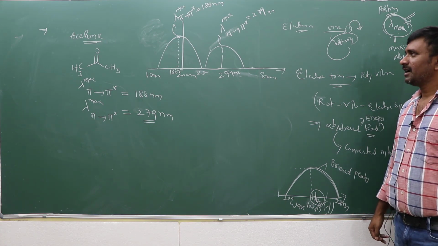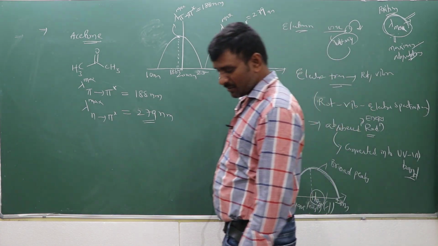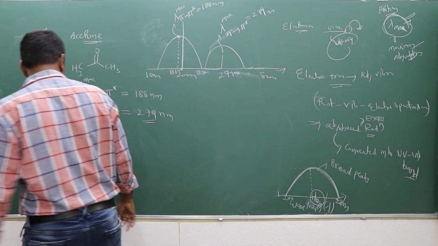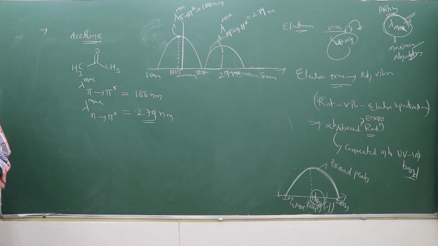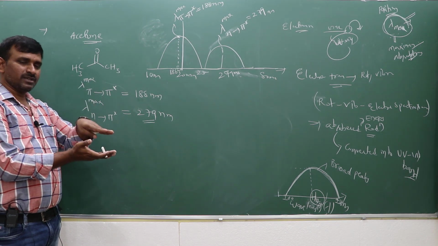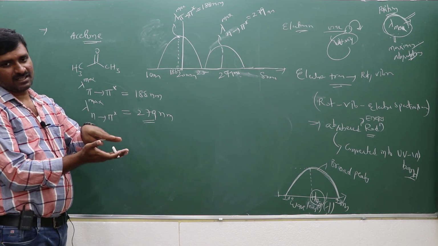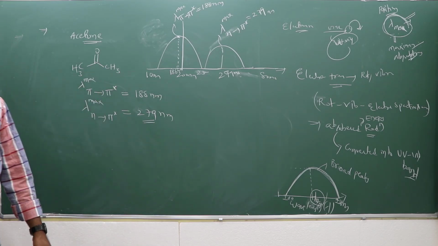Whichever position has maximum absorption is considered the lambda maximum. Electronic energy levels have more energy, vibrational are less, and rotational are still less.